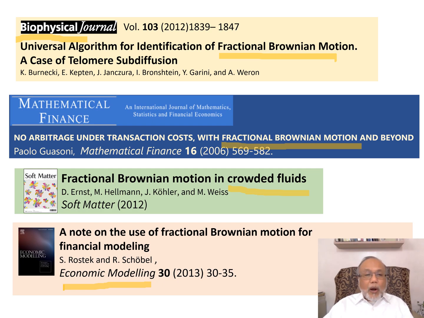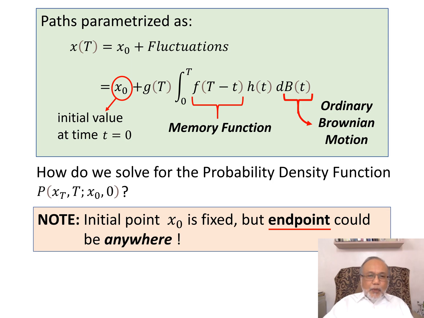So let's go back to our parameterization of the initial point plus fluctuation. So we had something like this. Again, this is just the regulating function, and this is the time window, the memory function. And we ask ourselves the question, how do we solve for the probability density function for this type of fluctuating parameter?